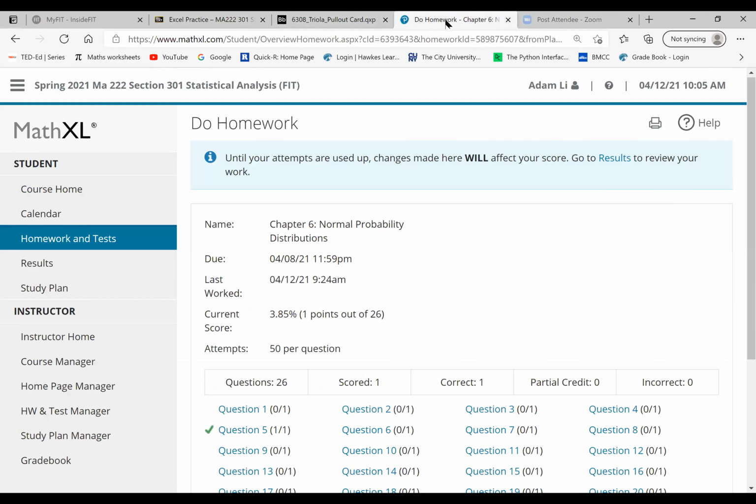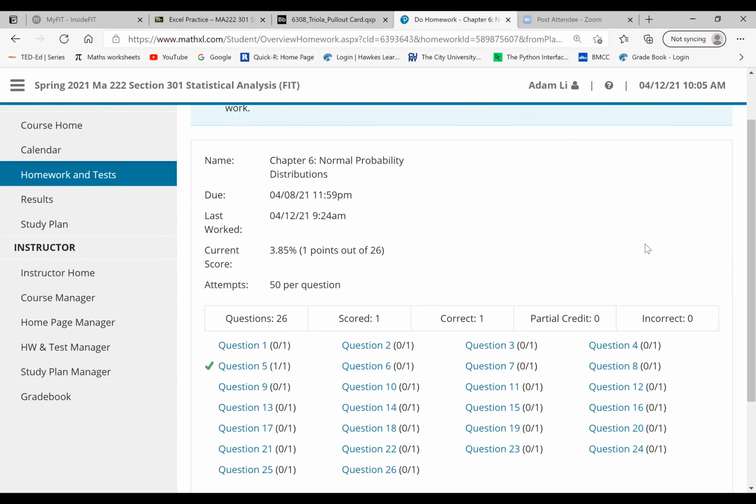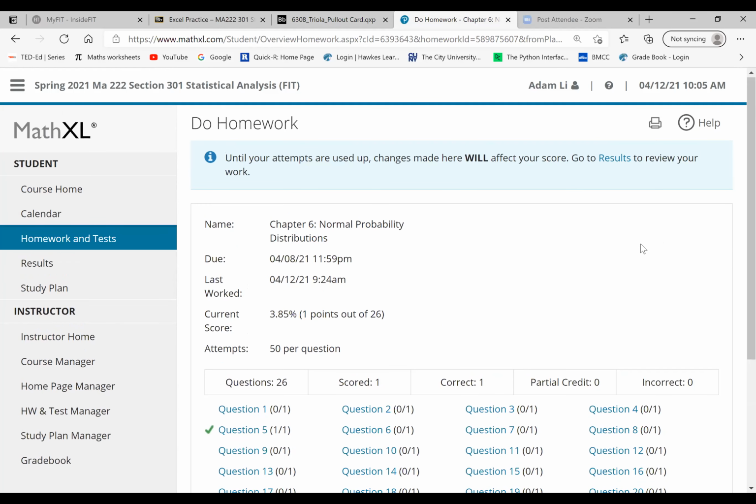And after chapter 6, I'm going to talk about chapter 10 first, meaning correlation and regression. And after that, we come back to chapter 7 and 8. So the order will vary a little bit, right? 10 first, regression analysis.